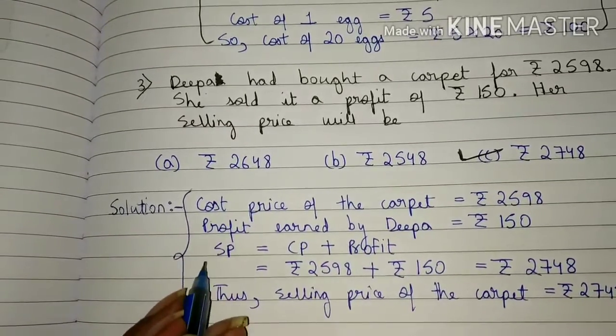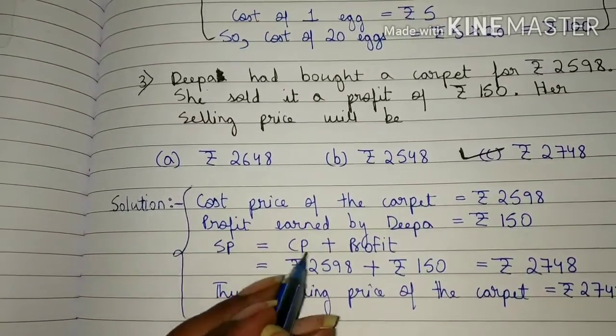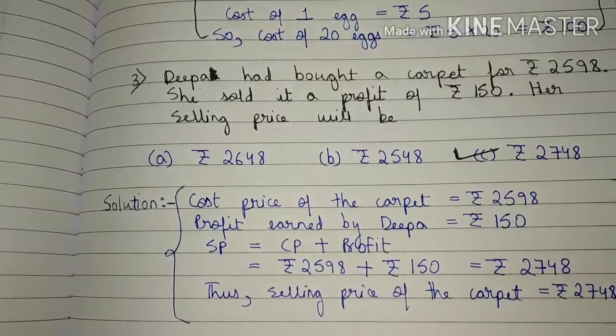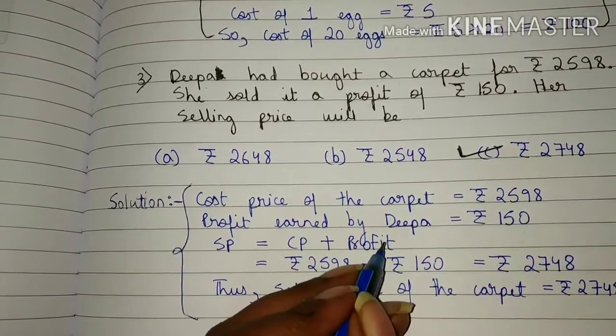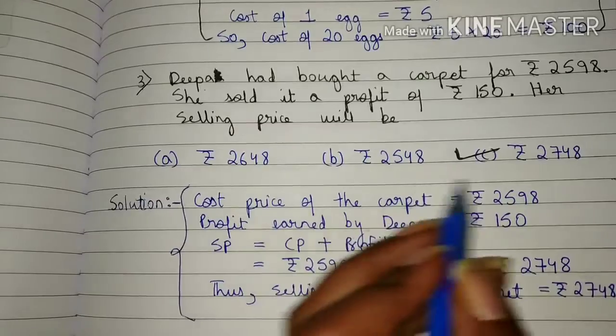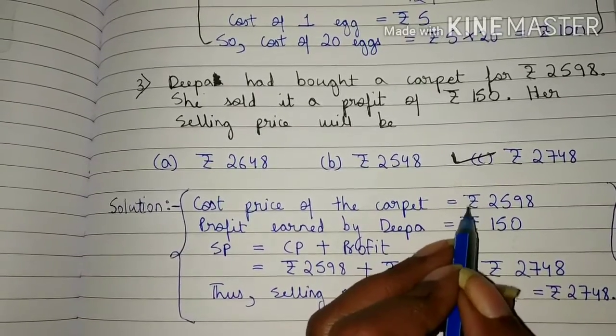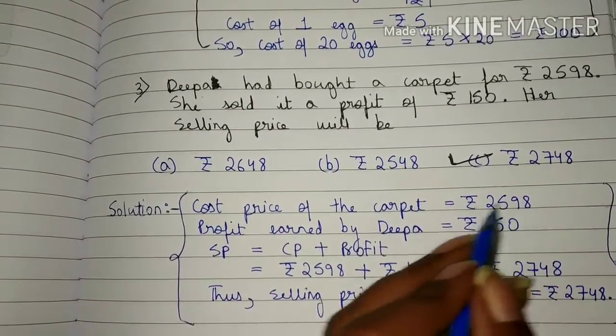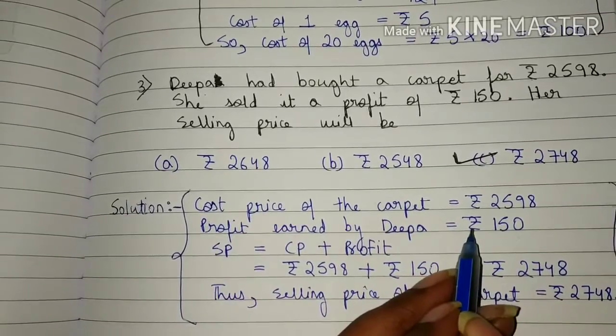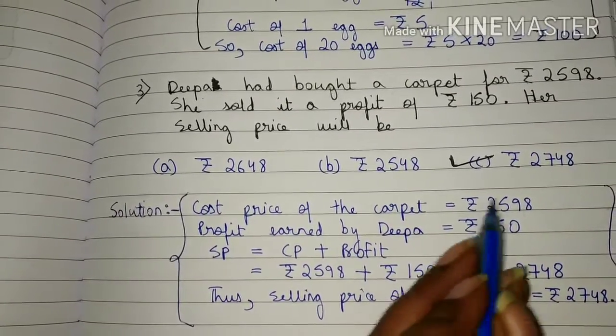We know that selling price is equal to cost price plus profit. Cost price is given to you, that is rupees 2598, and profit is given to you, that is rupees 150.